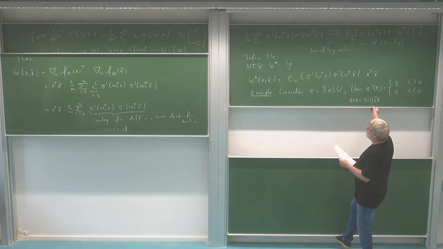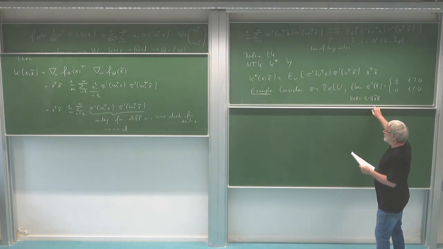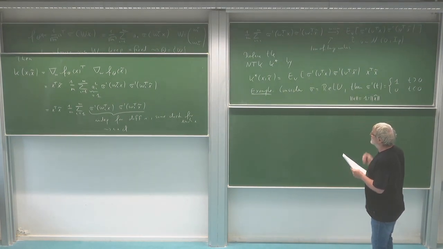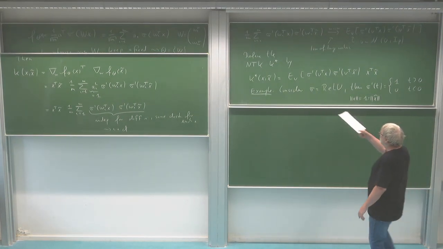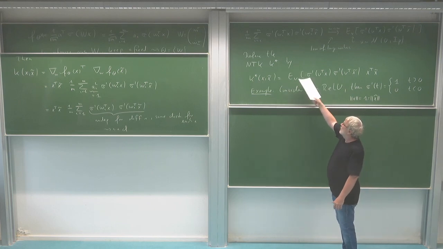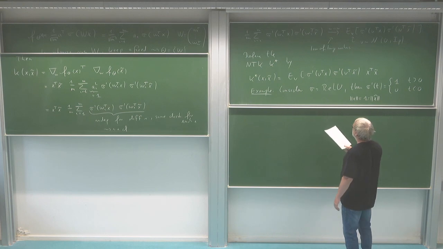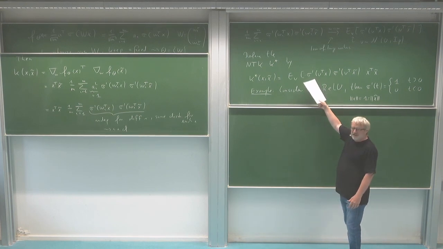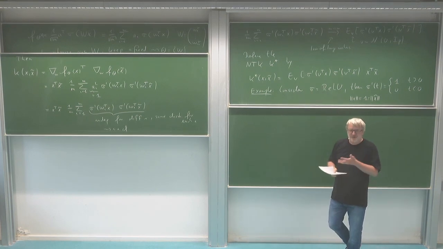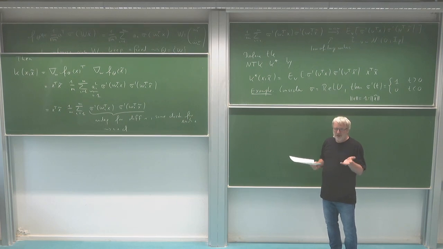Okay, and so what do I have to calculate here? For this limiting neural tangent kernel, I should take the expectation of this quantity with respect to a Gaussian distribution. And the function I take here is the characteristic function of the argument being positive or negative.